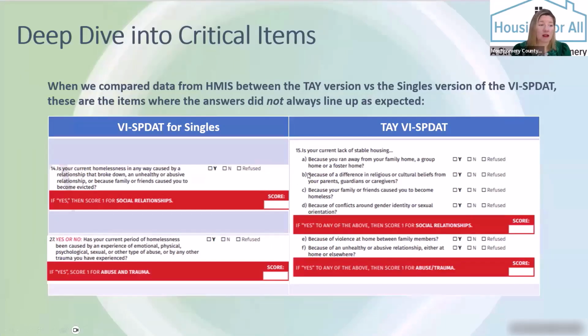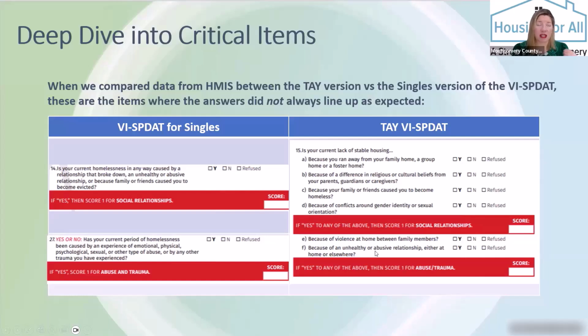But they might only answer yes to 15C, right? Because your family or friends caused you to become homeless. But they wouldn't answer yes to E or F because there wasn't any violence at their home, or they didn't look at their relationship with their parents or adults in the household as unhealthy or abusive, right?